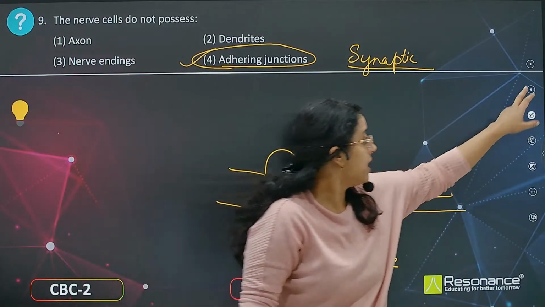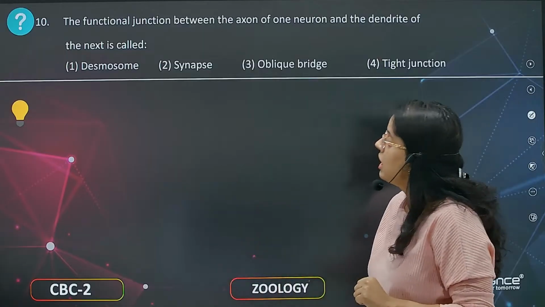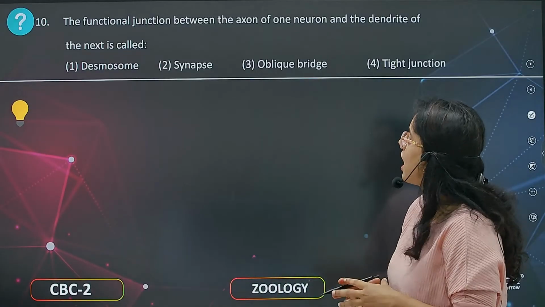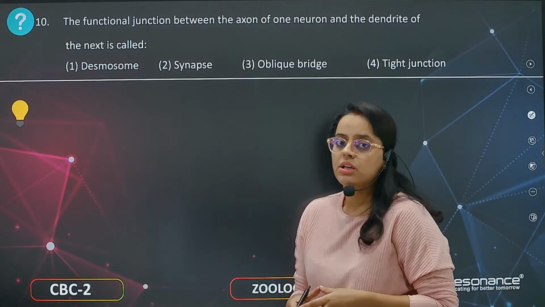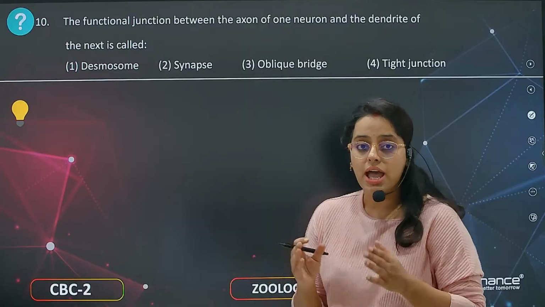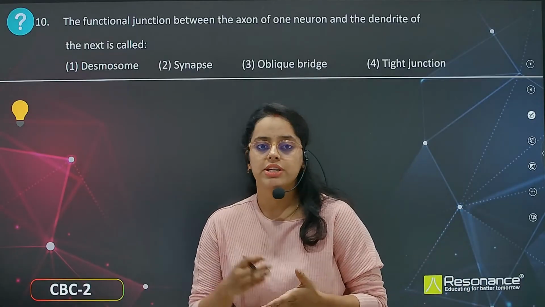Now coming to the next question. The functional junction between the axon of one neuron and the dendrite of the next is called what? As I have told you just now, the axon of one neuron and the dendrite of the next.